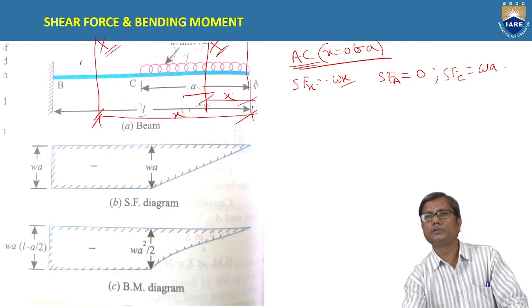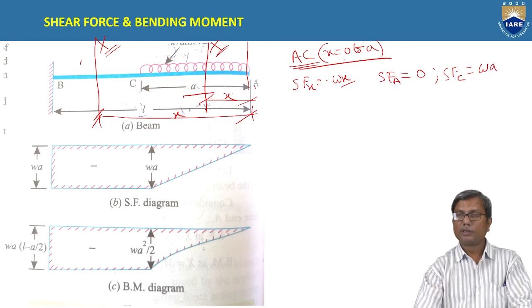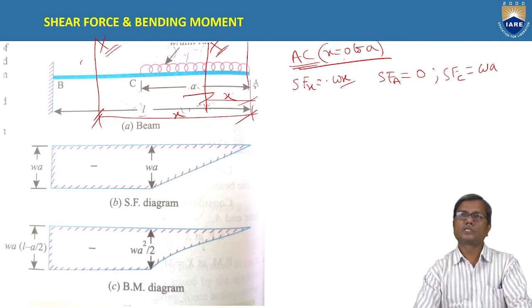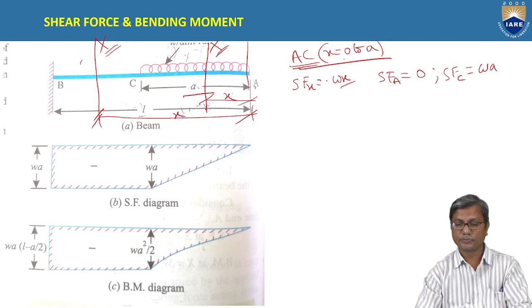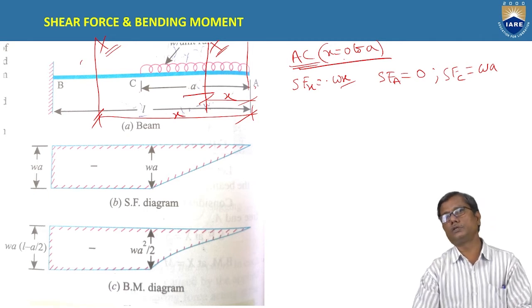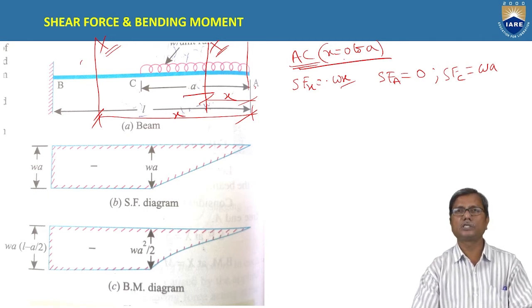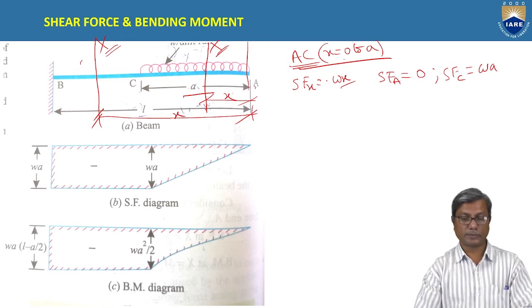Also, as we have discussed in previous cases, when there is no load between any two points, the shear force remains constant. That means between B and C there is no load, so the shear force at C and at B will be the same.